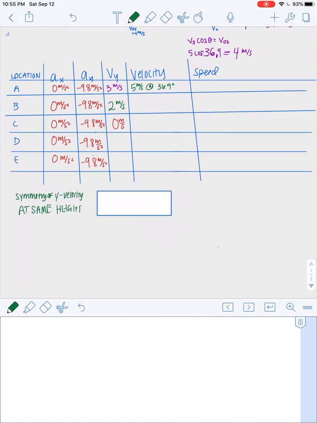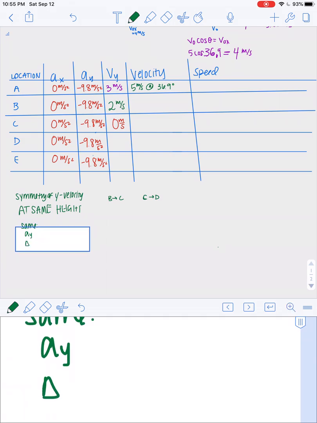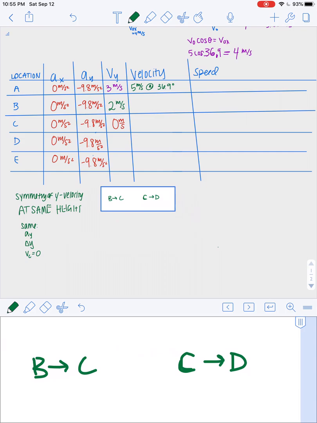So let's compare going from B to C versus going from C to D. There's some things that are the same: the acceleration in the y direction, the change in displacement, and while this isn't the same, the velocity at C is 0, and both of these motions share that point.